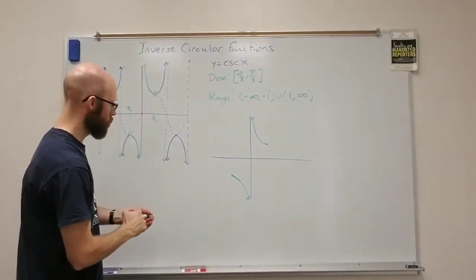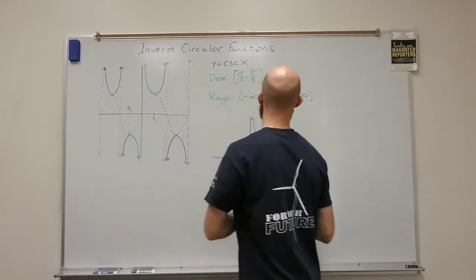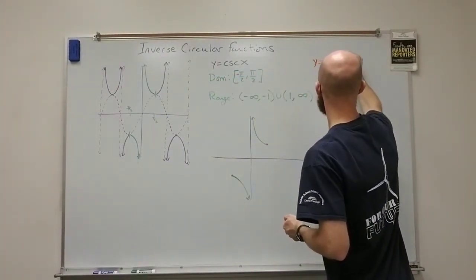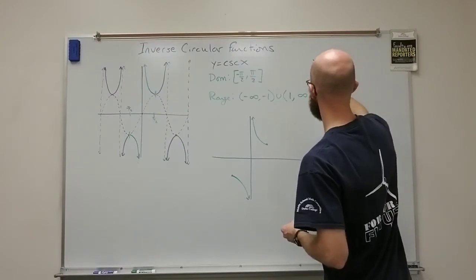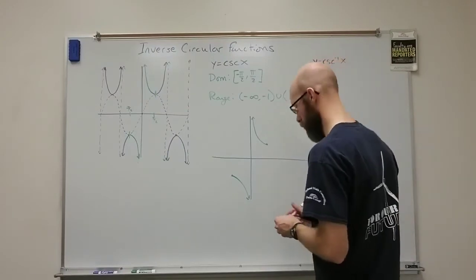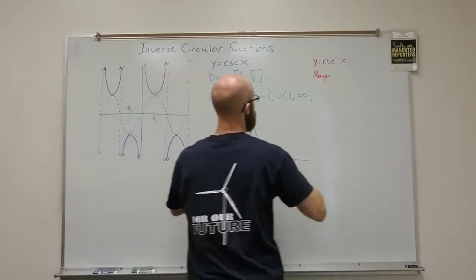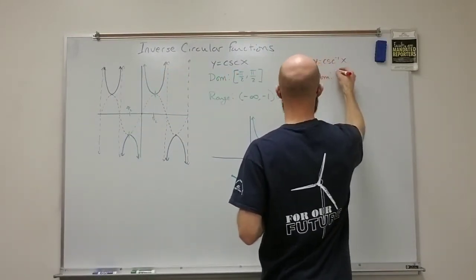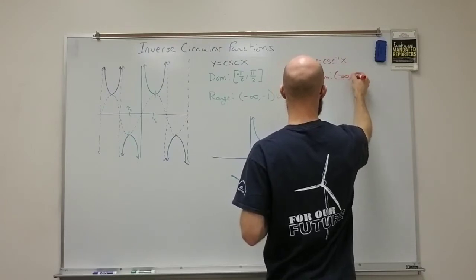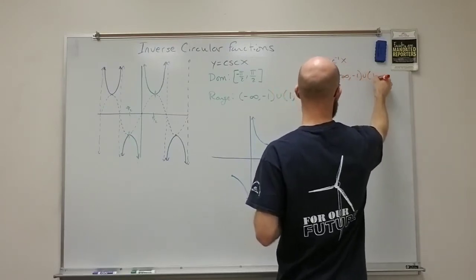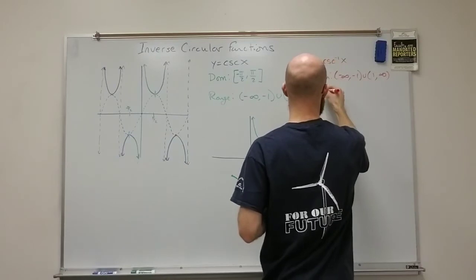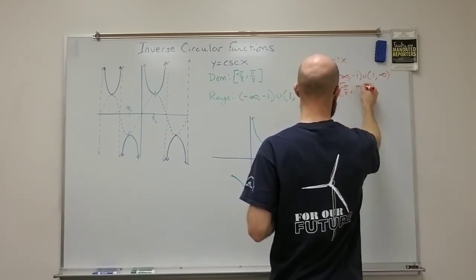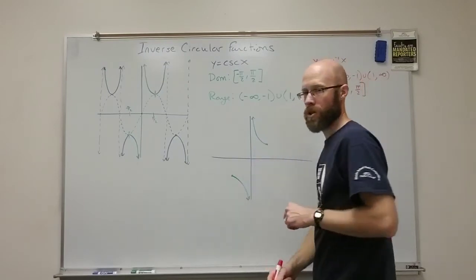Then maybe in red we'll do the inverse cosecant. So if y equals the inverse cosecant, then we know the range. Oh, I'm sorry, I did that backwards. The domain is going to run from negative infinity to negative 1, and from 1 to infinity, and the range would be from negative pi over 2 to pi over 2, okay?